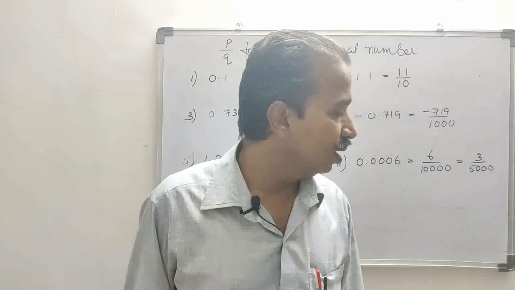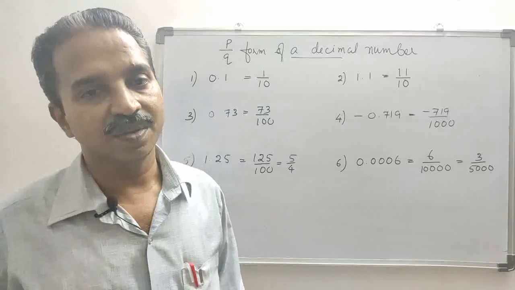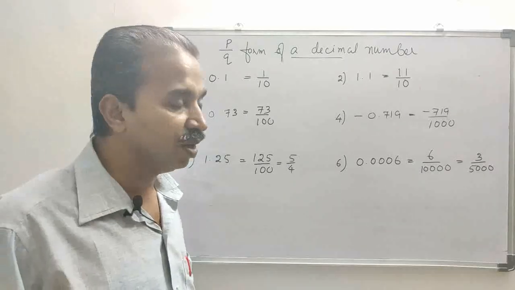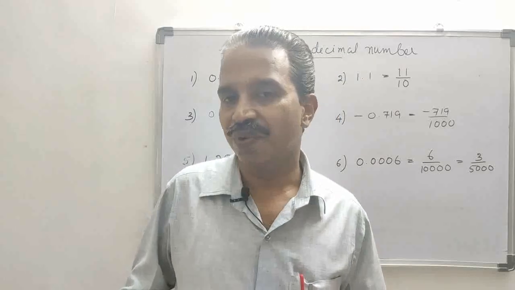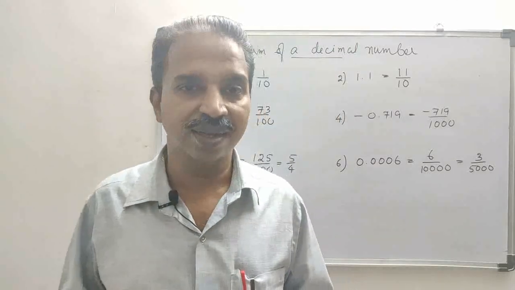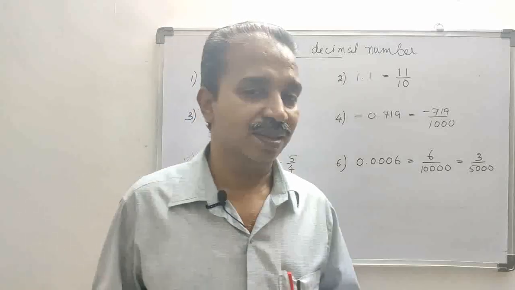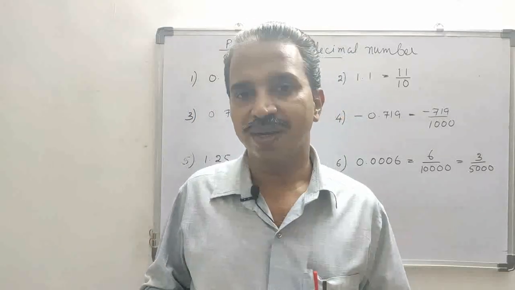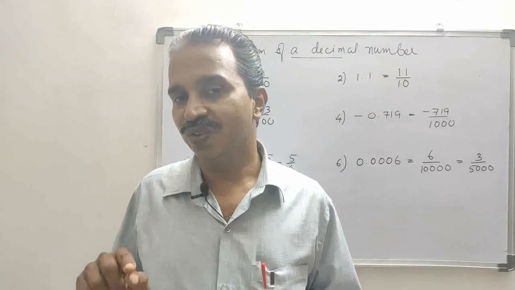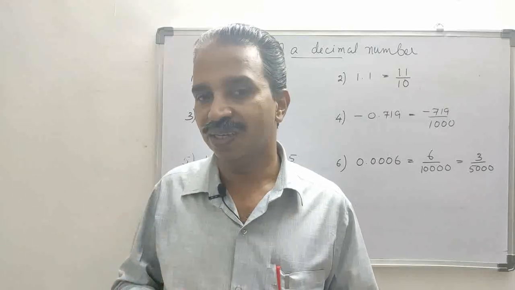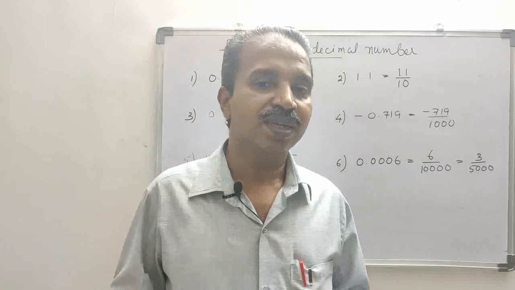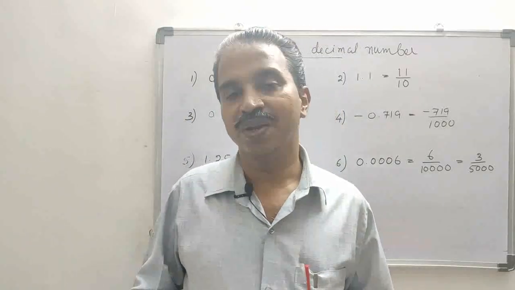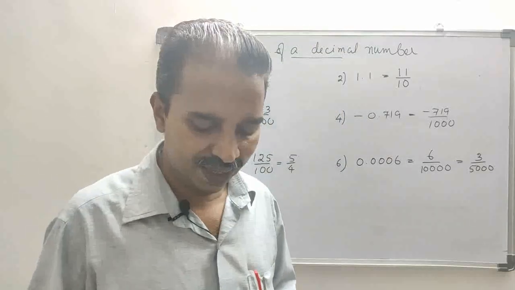We are getting 3 upon 5000, that is a P upon Q form. So in this way, writing the number without decimal point as the numerator, and in the denominator writing 1 and putting as many zeros as the number of digits after the decimal point, we can convert a terminating decimal to P upon Q form.